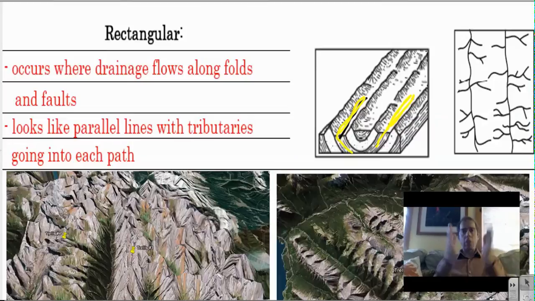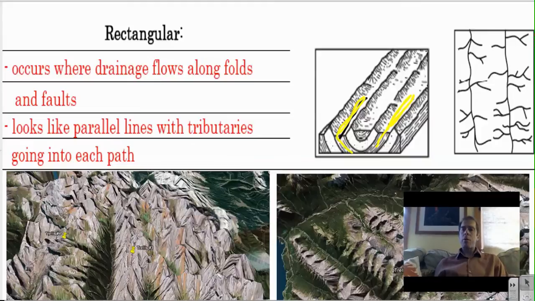The one that's more resistant sticks up a little bit, and so what ends up happening is you get water flowing in parallel rows in those areas, and then they can sometimes branch through areas that broke down in those more resistant rock layers. So they look like parallel lines, with tributaries going into those paths.